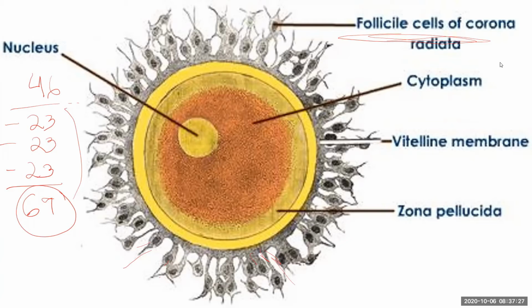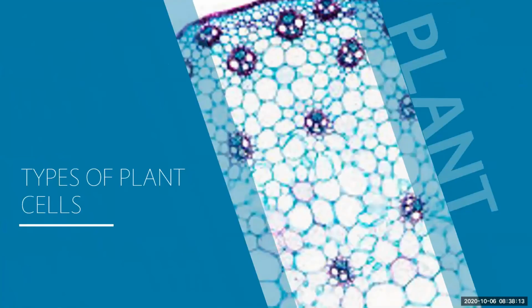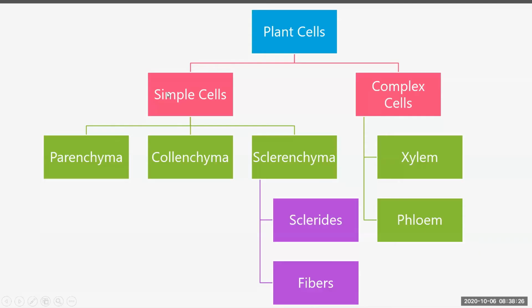Okay, sir. Then we have types of plant cells. So sa plant cells naman tayo, mas maliit lang yung types of plant cells compared to the types of animal cells. So for plant cells, it's actually divided into simple cells and complex cells.